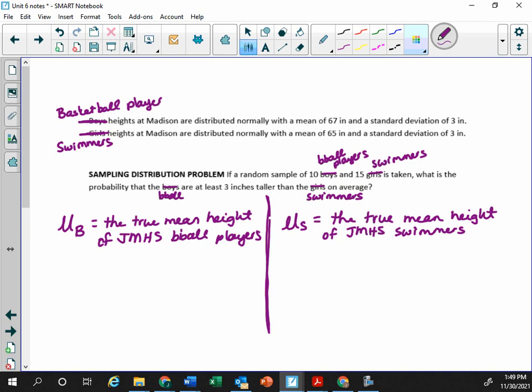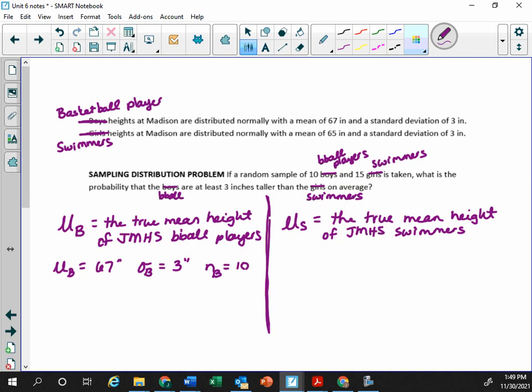All right, so we've defined who we're talking about here. Let's list out everything we know. What is mu sub B? 67 inches. Good. And sigma? 3 inches, good. And what was our sample size? 10, nice, okay.